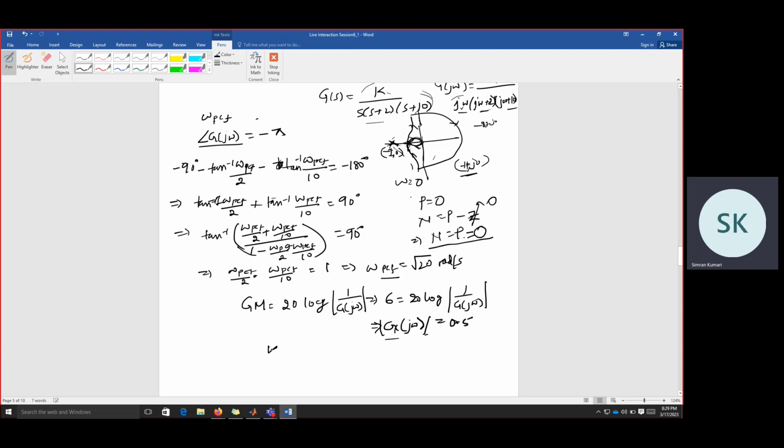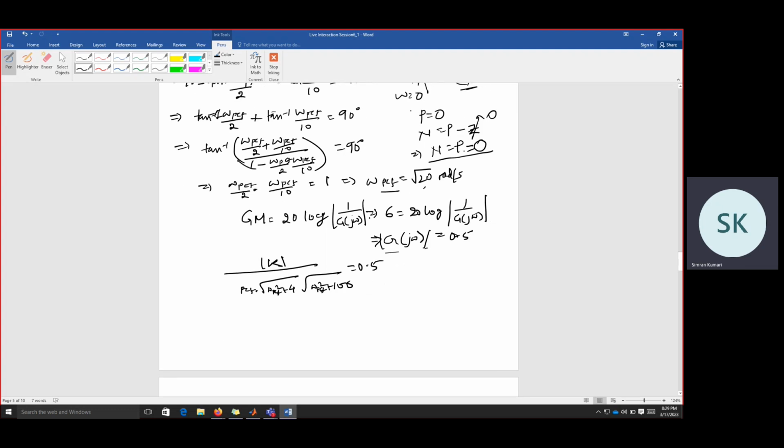Now what is the modulus of G(j omega)? This will be K by omega PCF multiplied by root of (omega PCF squared plus 2 squared, that is 4) and (omega PCF squared plus 10 squared, that is 100), and this will be equal to 0.5. We know the value of omega PCF, so we include it.